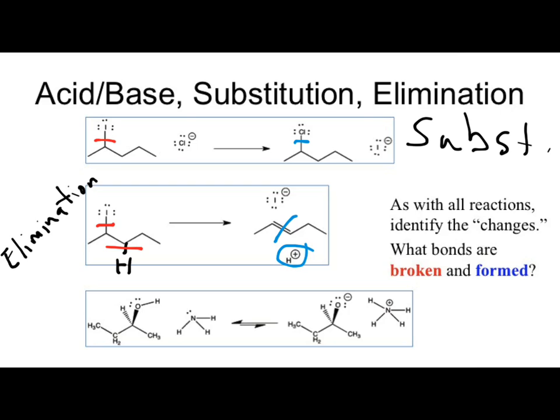Okay? When the iodine leaves, what does it do with the electrons? It takes them with it. So this carbon becomes positive, this carbon becomes negative. So if we removed this hydrogen, where would our double bonds form? Between those 2 unstable or partially charged particles.